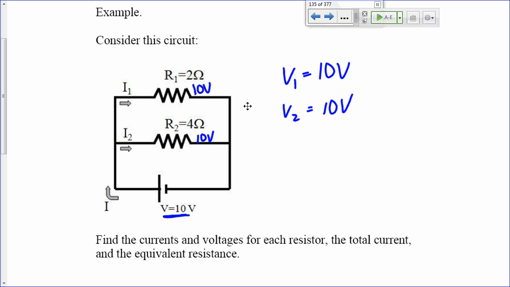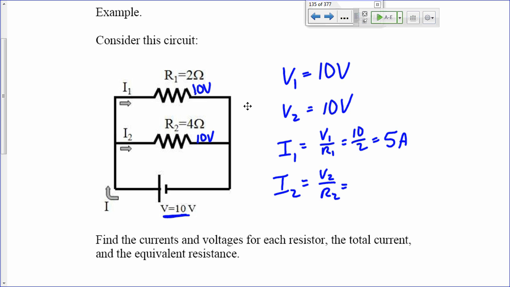Then you can use Ohm's law to find I1 and I2. I1 is 10 over 2, which is equal to 5 amps. I2 is 10 over 4, which is 5 halves amps, 2.5 amps. What's the total current?